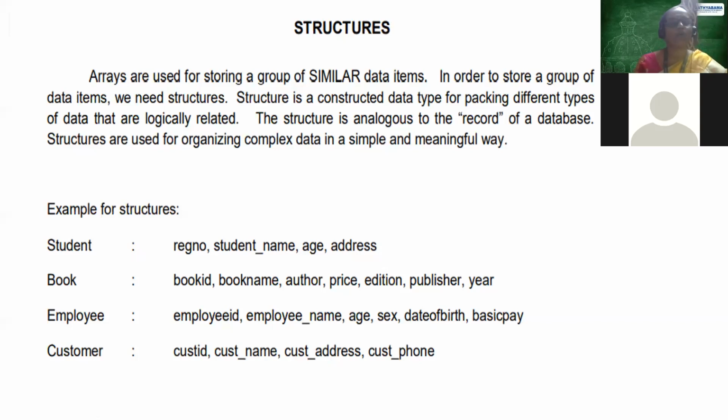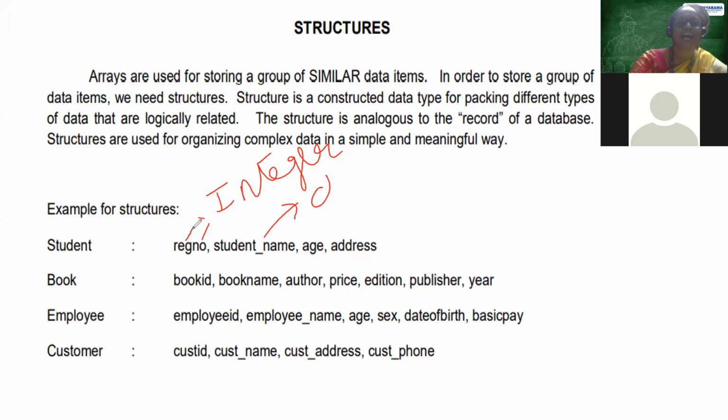For example, I am going to use the student now. Student, what are the data I need? Register number, student name, age, address. Okay, so I can use all this data in a single structure. We all know a register number means definitely I have to use integer. I will use integer. Student name means what I will do?